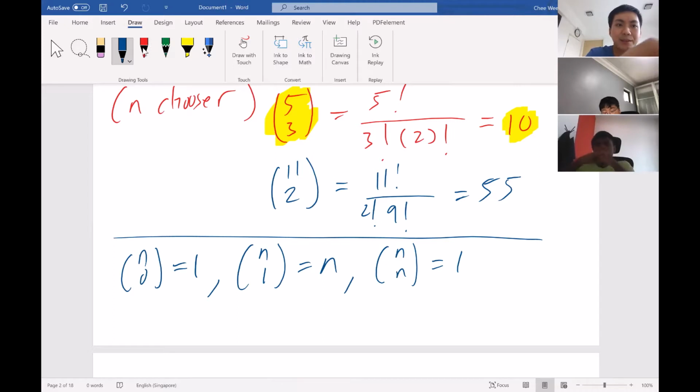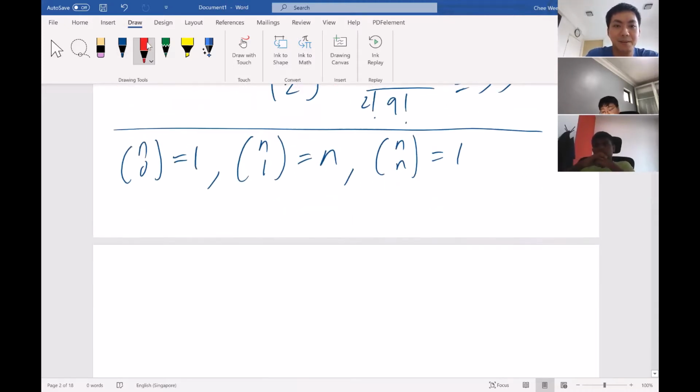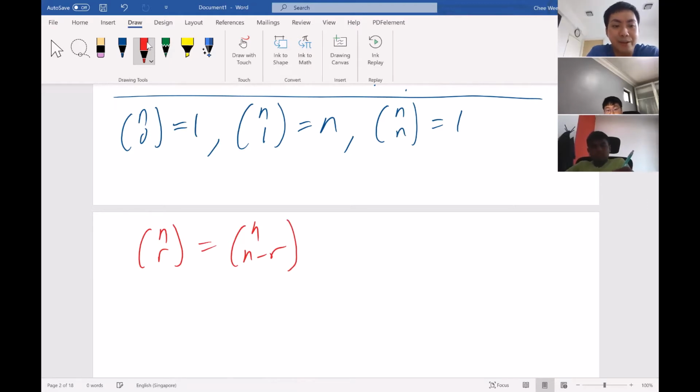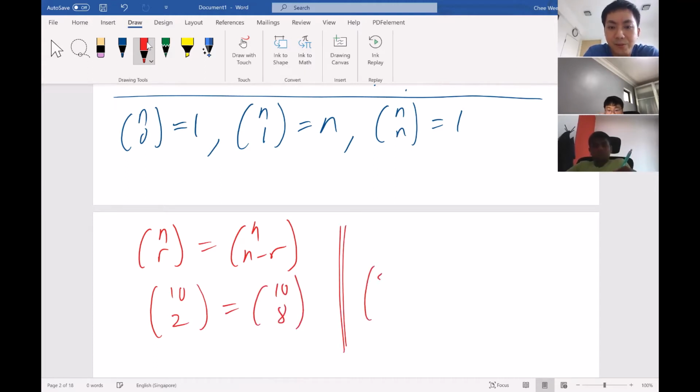But more importantly, and this is related to binomial theorem, is this. N choose r is the same as n choose n minus r. For example, 10 choose 2 is the same as 10 choose 8. 50 choose 30 is the same as 50 choose 20. Why is this so?